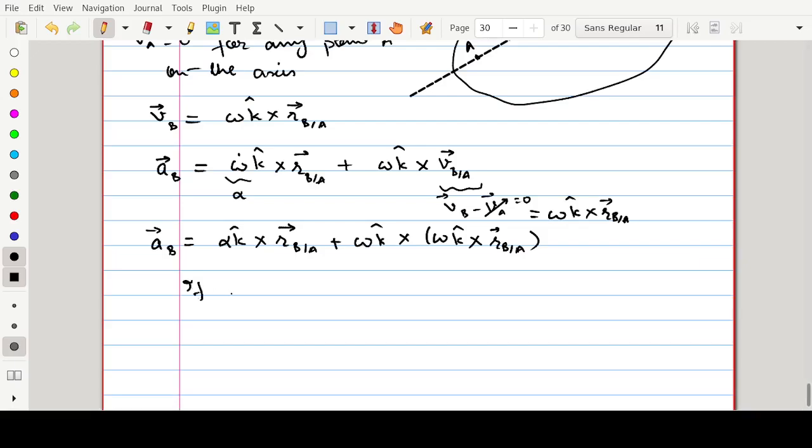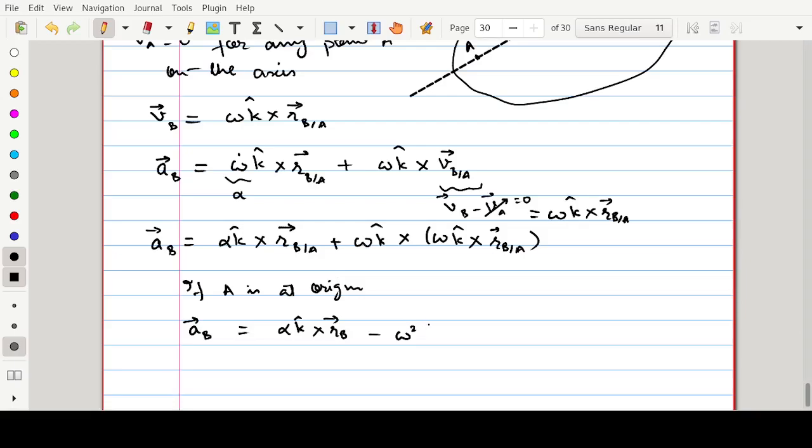So if A is at origin, I can write this as AB is equal to alpha k cross RB plus, rather minus, if you do it R cross omega k, so this comes out to be minus omega square.